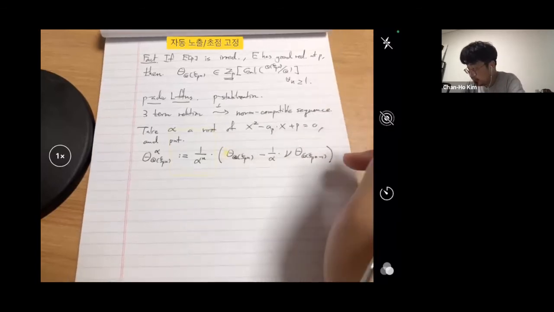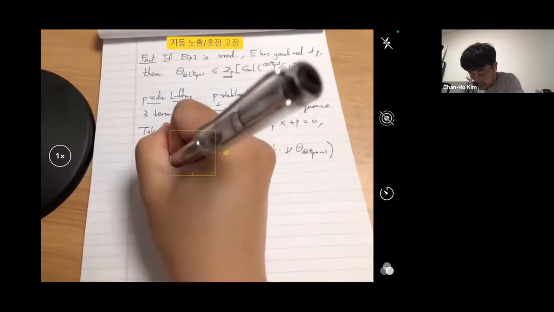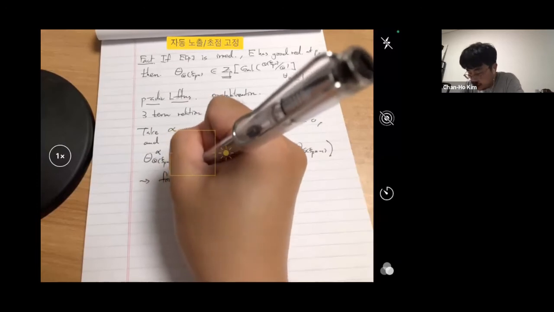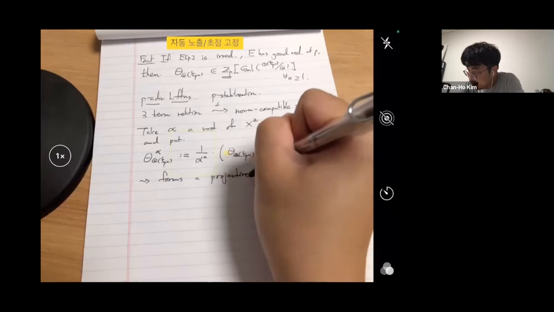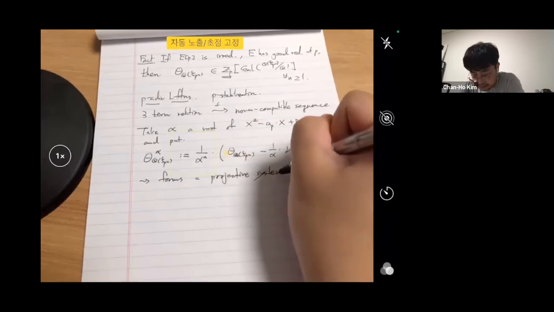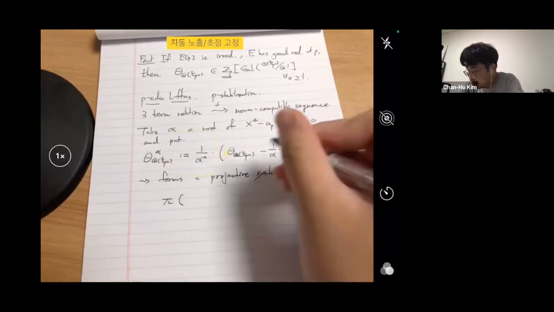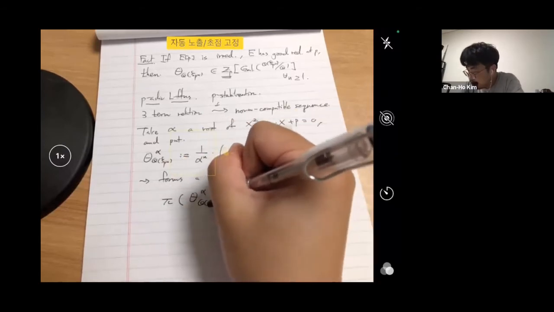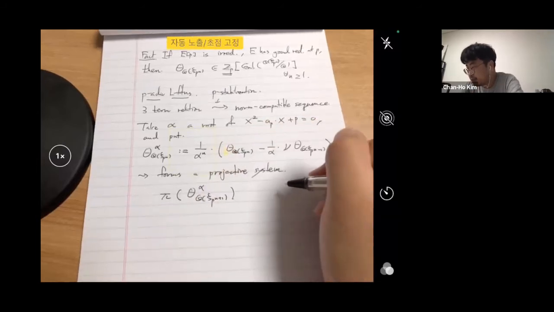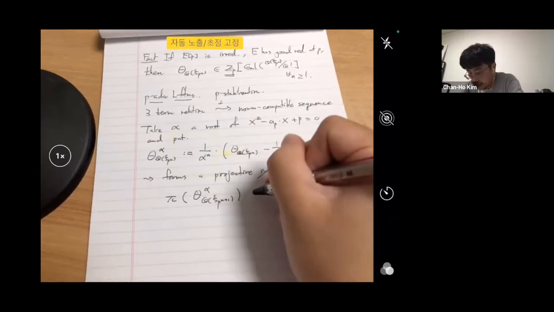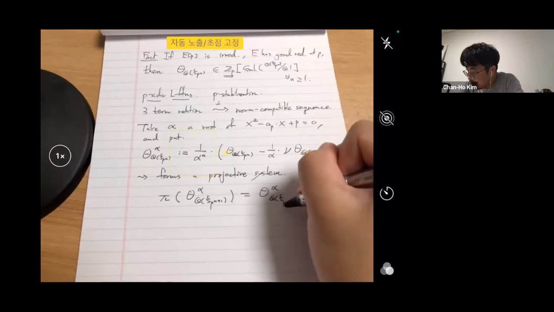Anyway, if I put this, then this forms a projective system, which means that if I consider the projection to the higher power extension, p to the n plus 1, then we get theta at Q(zeta_{p^n}).